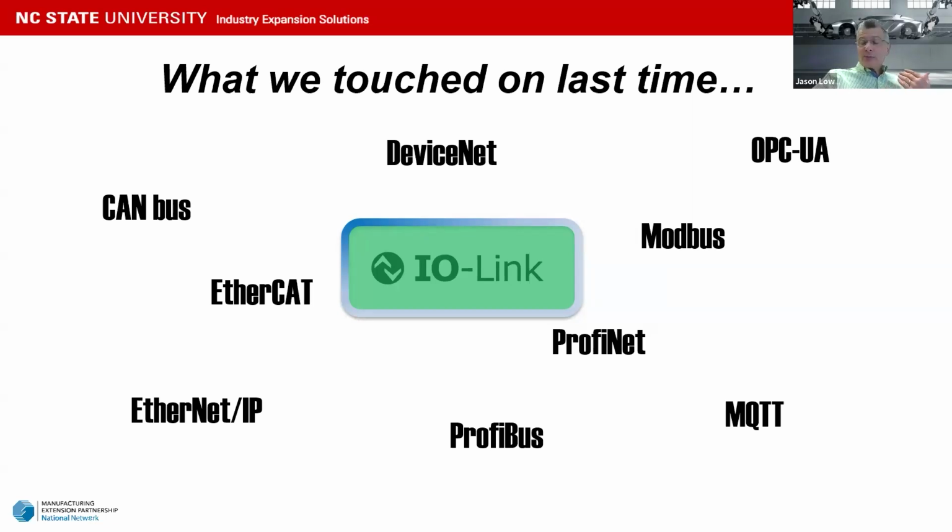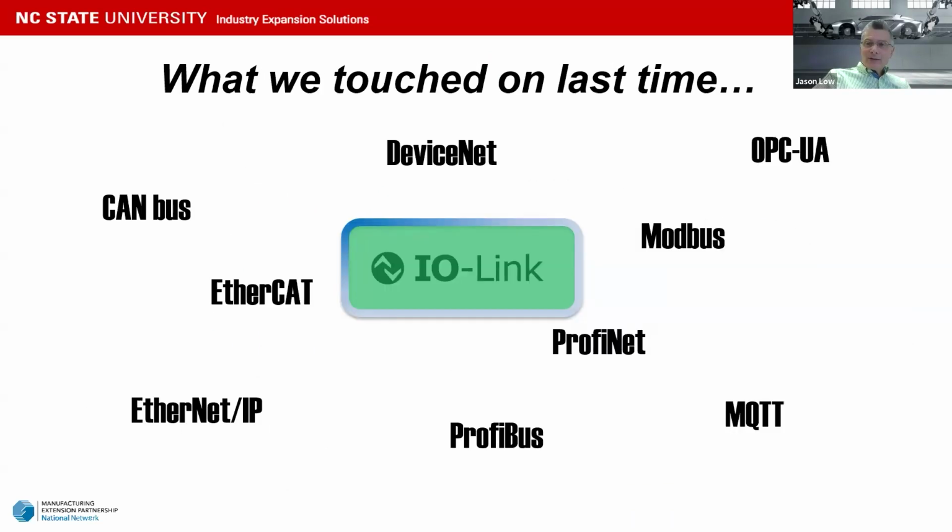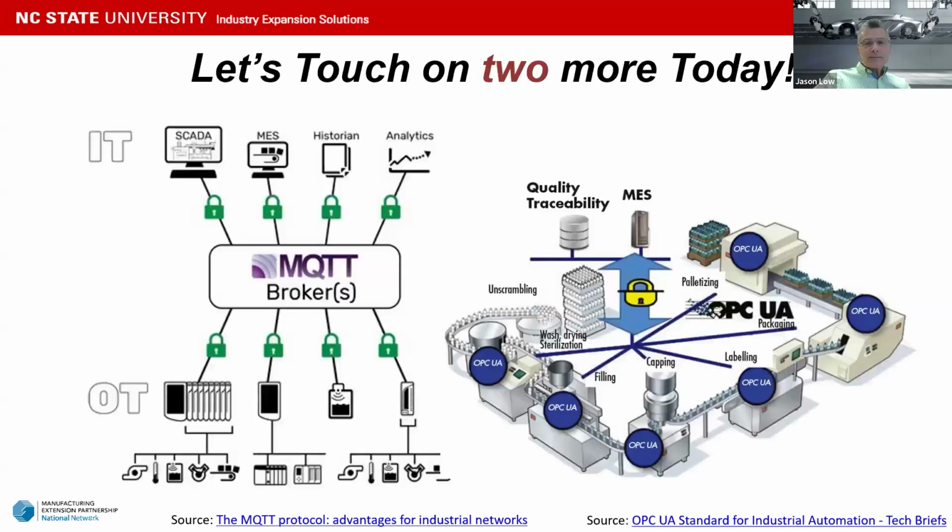So there are things that it can communicate that are very important when we think about maintenance. And so we want to be able to predict things when they're going to happen so we can intervene and fix things proactively. So two more, which you will pick out here on this graphic, but on this particular slide, we see the two that we're going to address today, MQTT and OPC-UA.